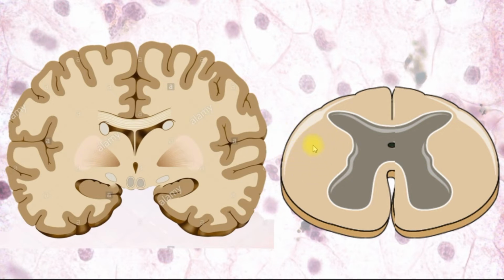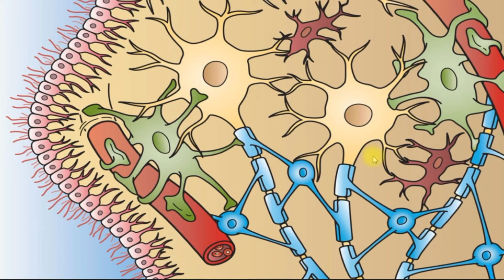So white matter doesn't have perikaryons, and that's the principal difference. Perikaryons of nerve cells, of neurons, are present only in gray matter of the brain and spinal cord. And there are also numerous glial cells, and they are present in both gray matter and white matter.